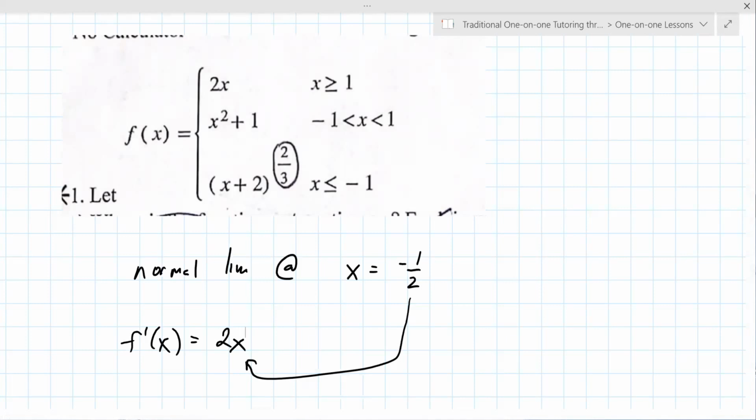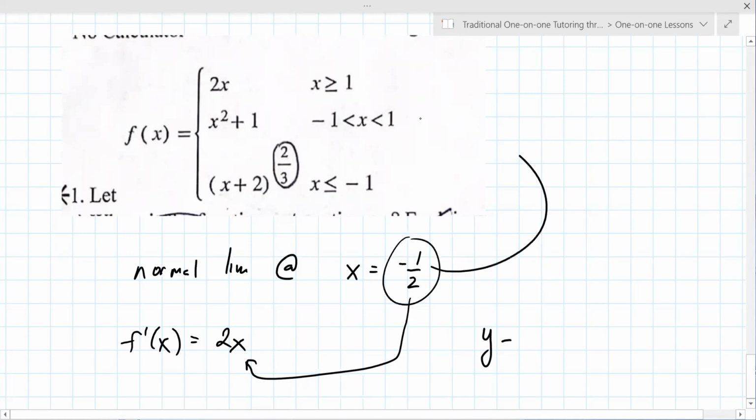Okay, y minus 2 equals -1 times (x plus 1/2). Did you put -1/2 back into this to get your y value? Yeah, so it's -1/2 squared plus 1. So that's 1/4 plus 1, 5/4.